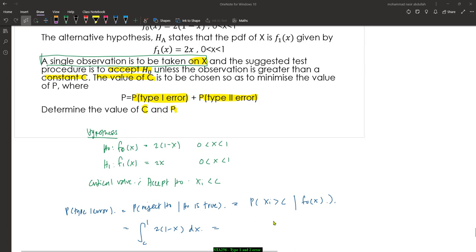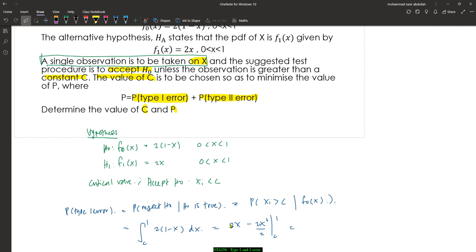so this one should be 2x minus 2x squared over 2, right, from c to 1.